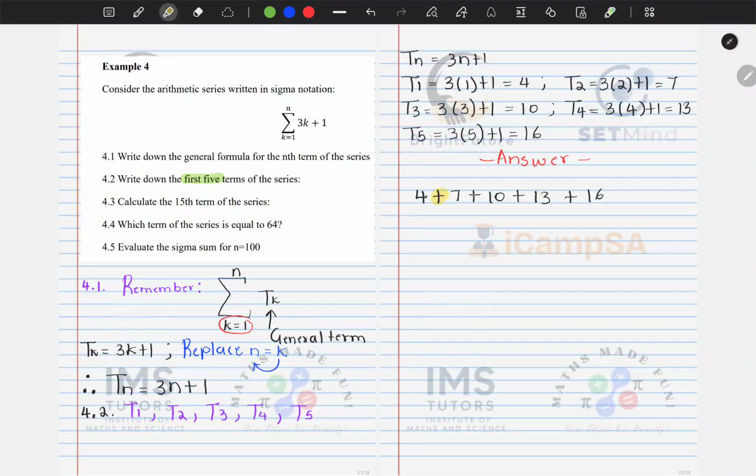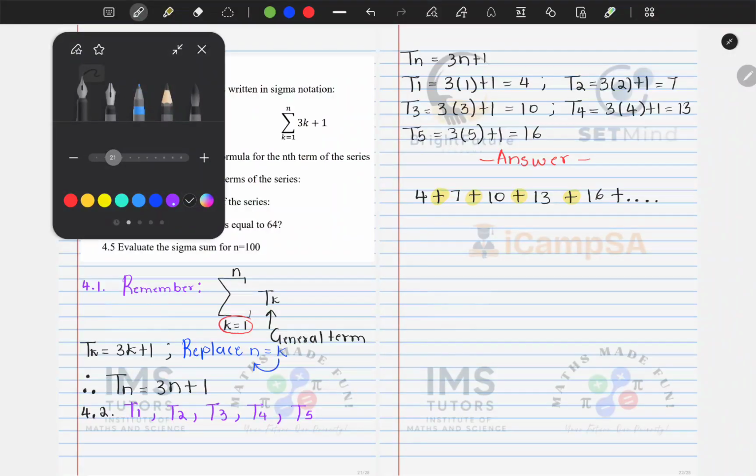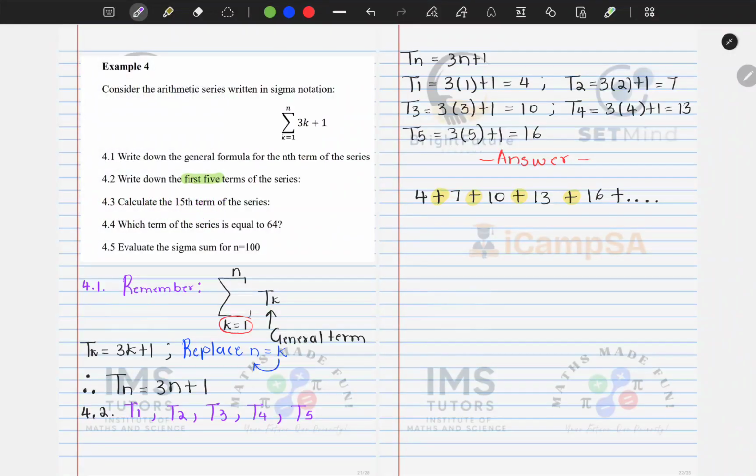So they are just separated by this plus here to indicate that what we have here is a series, and so on. So it carries on, but they only ask us to find the first 5 terms. And then next we are asked to calculate the 15th term of the series.